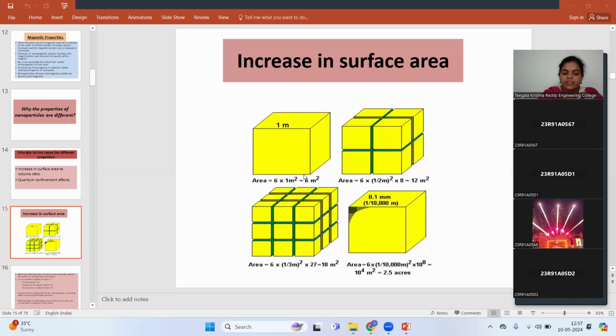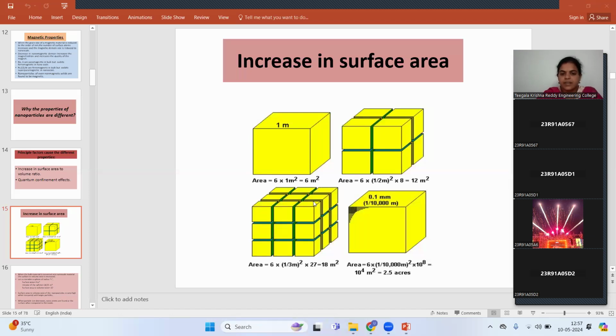Nanomaterials have a large surface area to volume ratio when compared to bulk materials. First, let us take one bulk material example. Let us consider a sphere with radius r. Its surface area is 4 pi r square and its volume is 4 by 3 pi r cube.